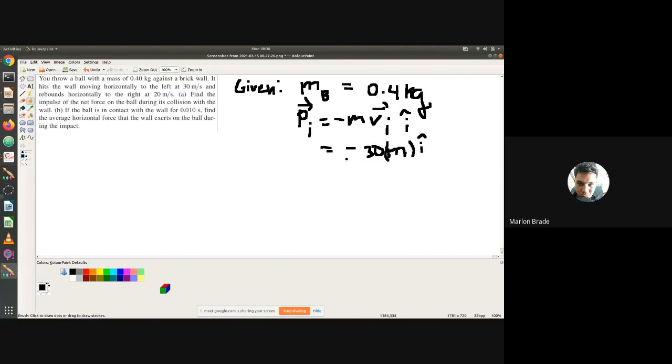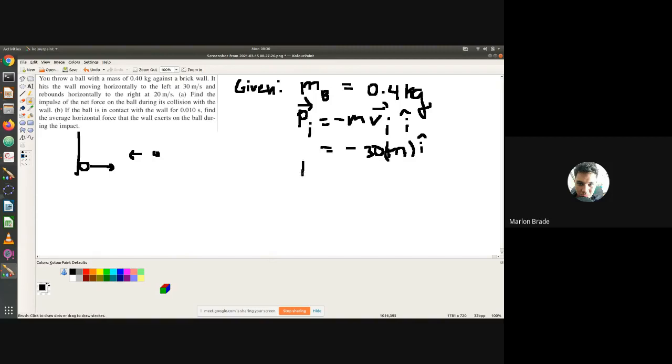Okay, and it rebounds horizontally. What happened: the ball was thrown toward the wall with a velocity of 30 meters per second to the left. The ball hits the wall, then comes back. The direction is now horizontally to the right, at 20 meters per second.